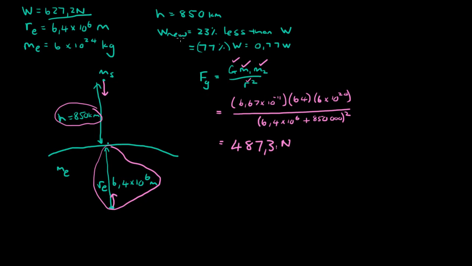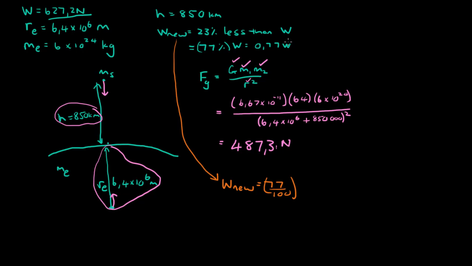So we use this expression here, that the new weight must be 23% less than the old weight of W. So what did we actually need to get? What we actually wanted to get was 77%, or 77 over 100. That's what 77% means.